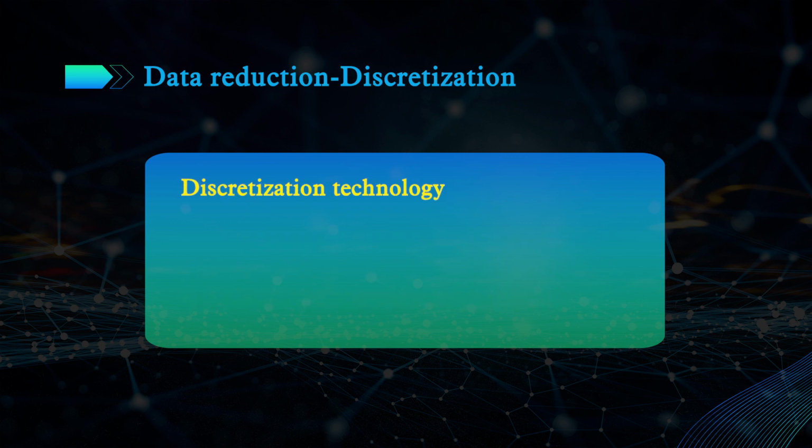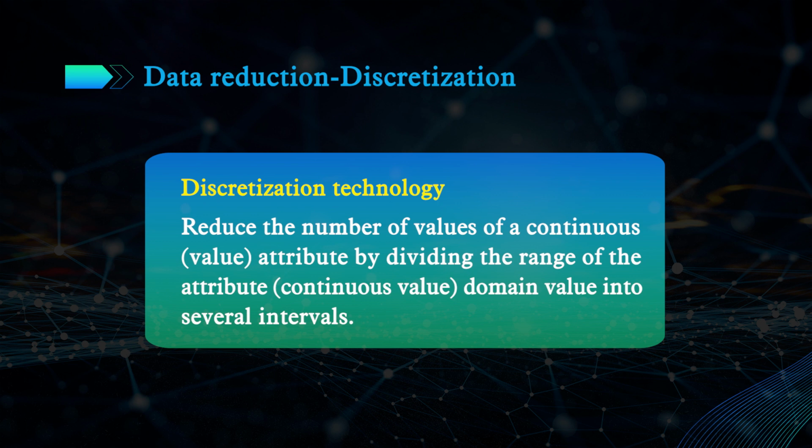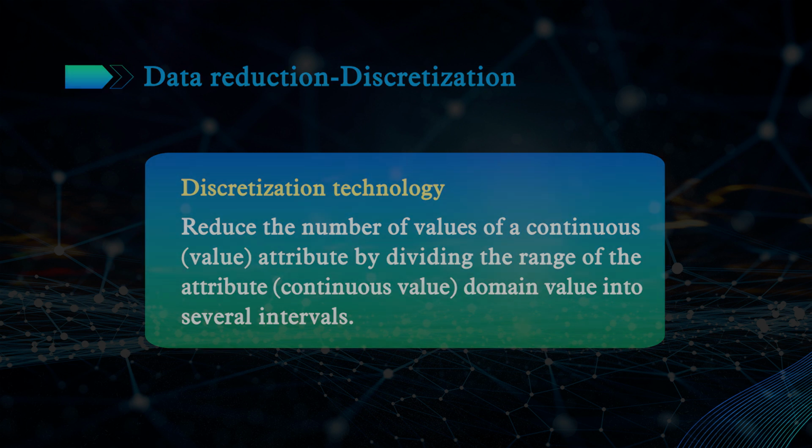Discretization technology reduces the number of values of a continuous attribute by dividing the range of the attribute's domain values into several intervals. By doing this, we can reduce the amount of data.